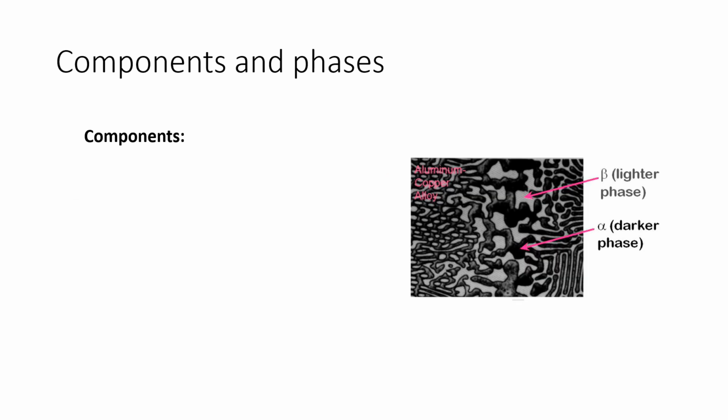Components and phases. Components are the elements or compounds that are mixed initially, for example aluminium and copper, which can be mixed initially. Phases.